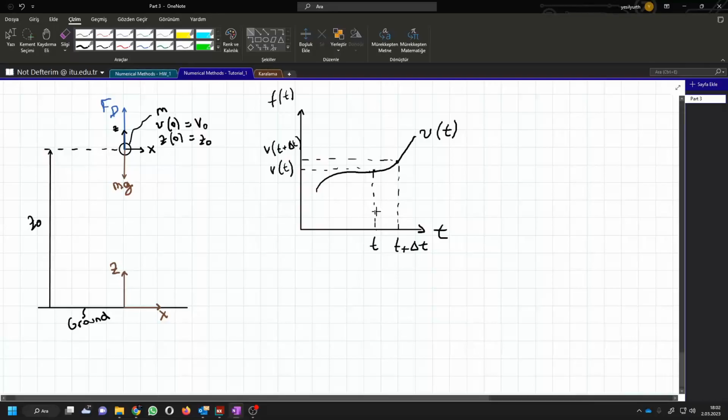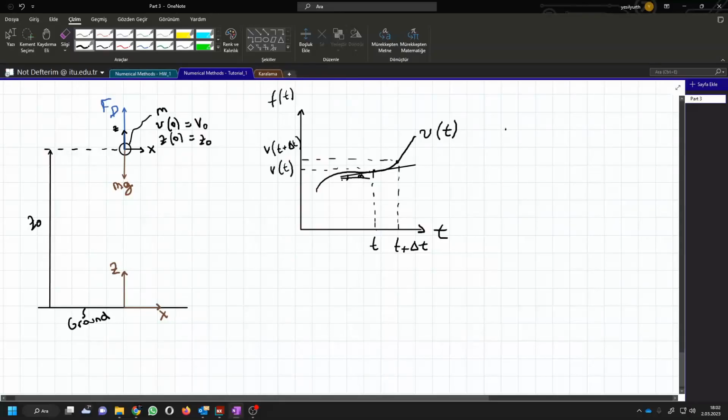So the original derivative will be like this. Let's say the angle between the x-axis of the graph and the tangent line is alpha.